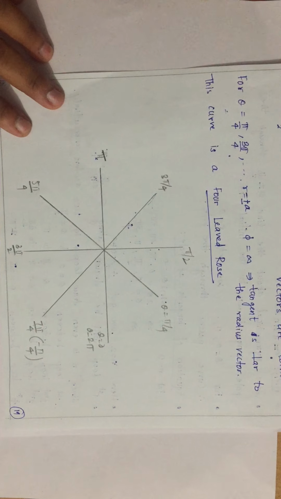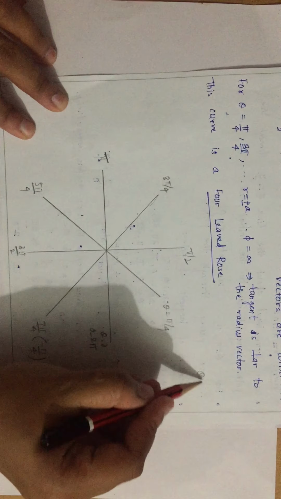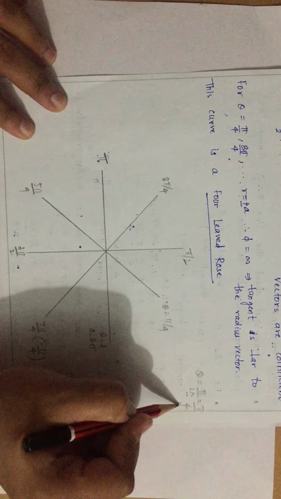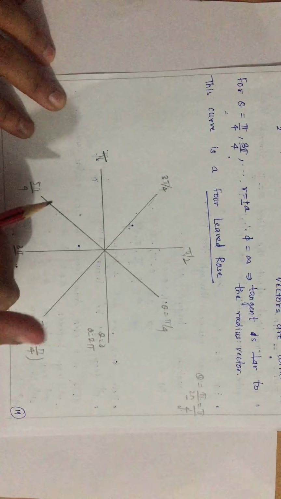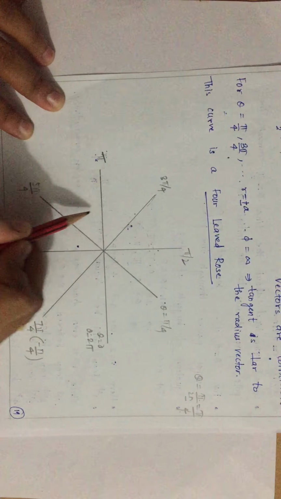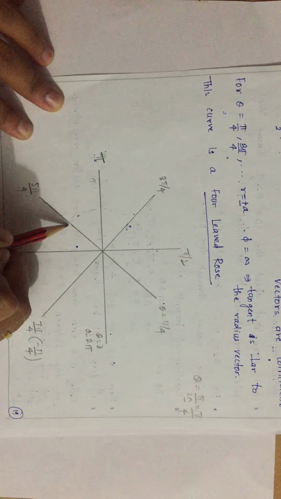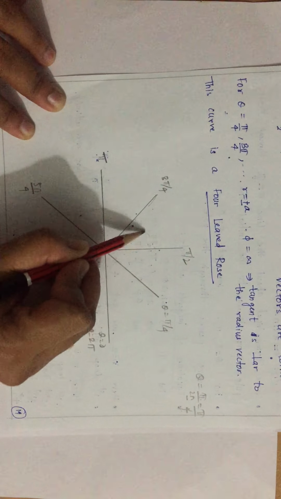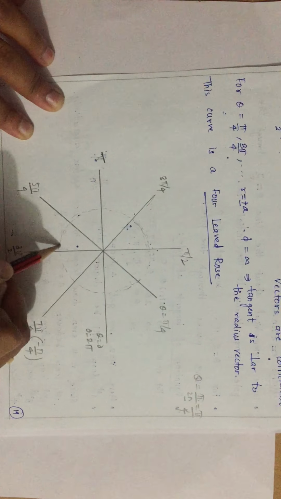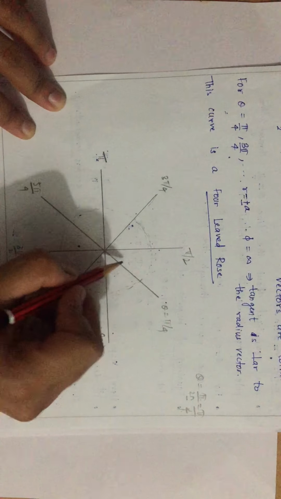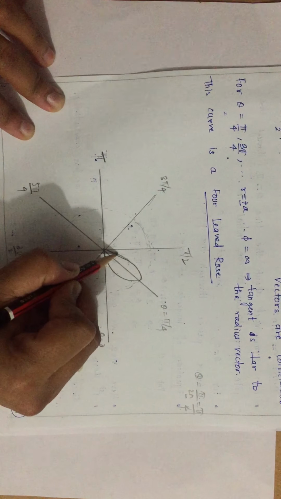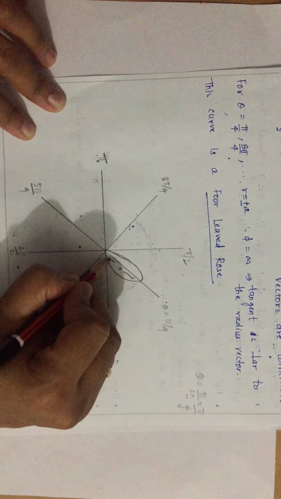The first loop will be drawn along theta equal to pi by 2n, n is 2, that means along pi by 4. But before drawing the loops, what did we do? We draw a circle in dotted line so that our loops will be of equal length. So we draw a dotted circle here of radius a. Now the first loop along theta equal to pi by 4 is done. This is of distance a.